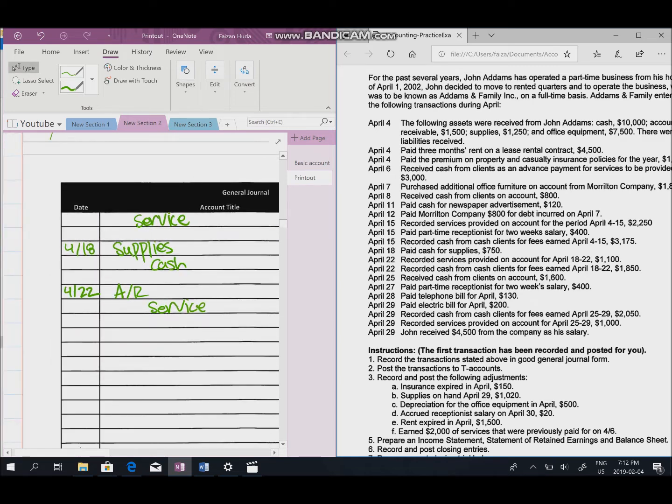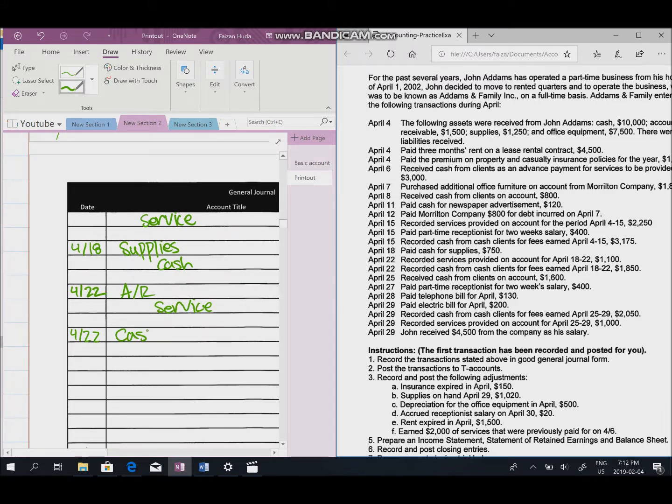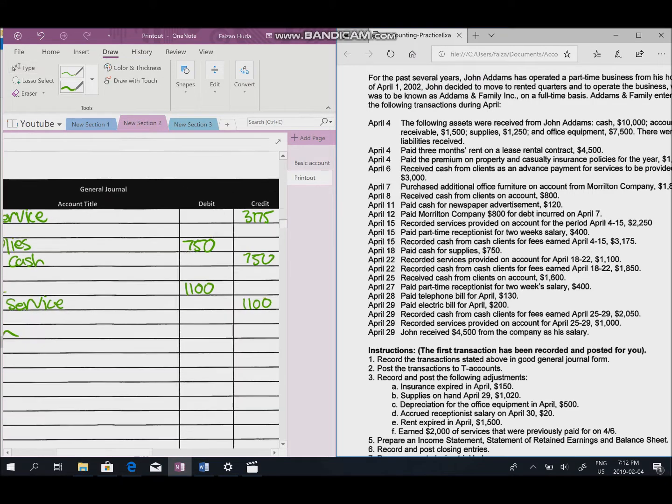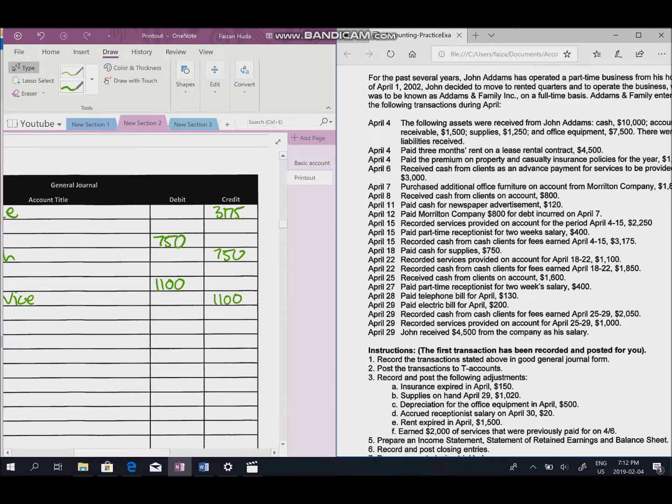Moving on, April 22. You recorded cash from cash clients. So basically, I received cash again. My cash increases. The cash in my bank account increases. Pretty obvious, common sense. So cash, to increase my asset, as you know, cash is an asset account. You'll debit it to increase it.